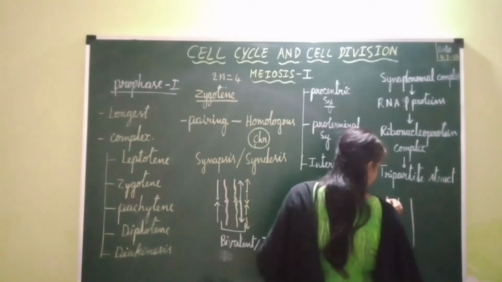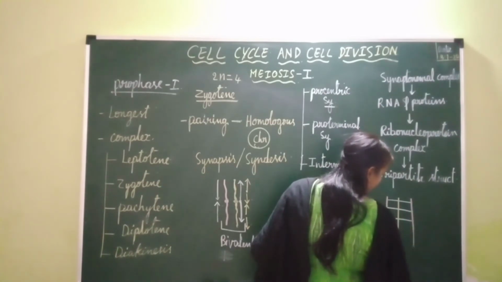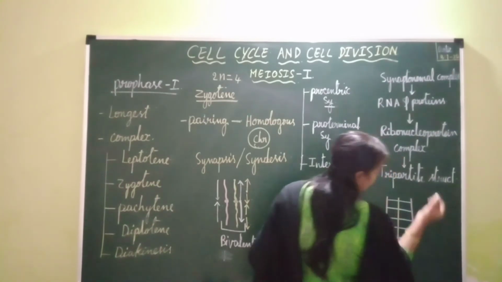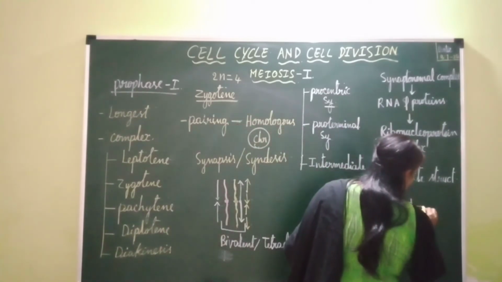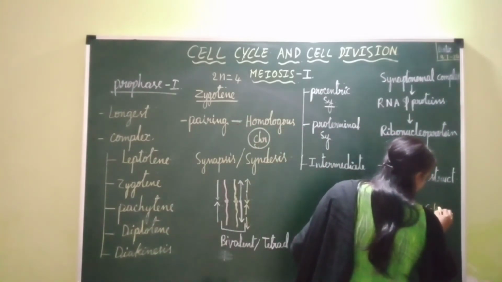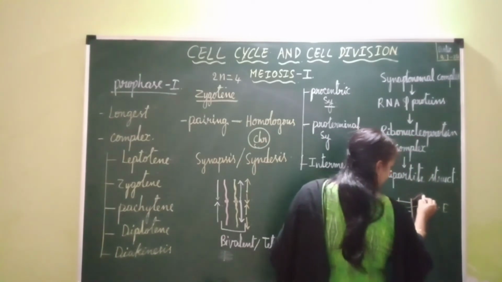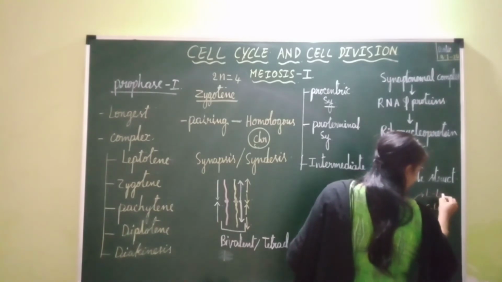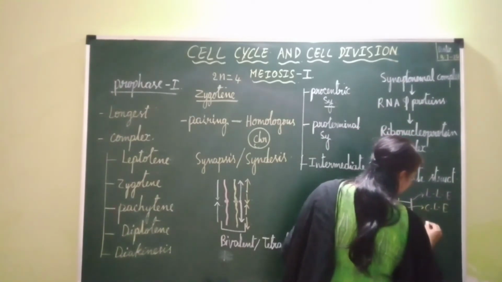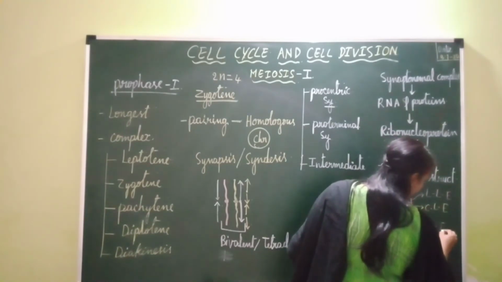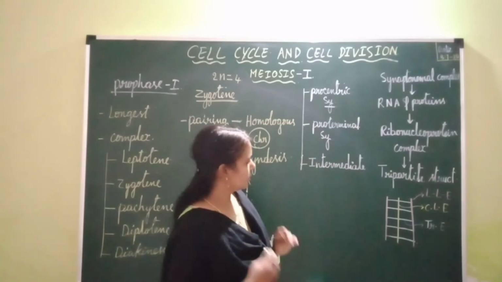And the next type is transverse elements, which connect the central longitudinal element with the lateral longitudinal elements. So this is the central longitudinal element, these two are lateral longitudinal elements, and these are transverse elements.